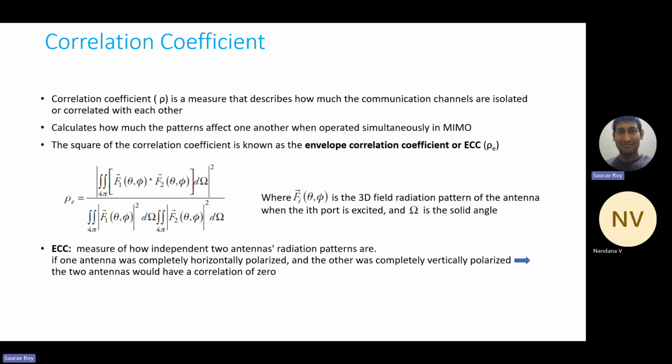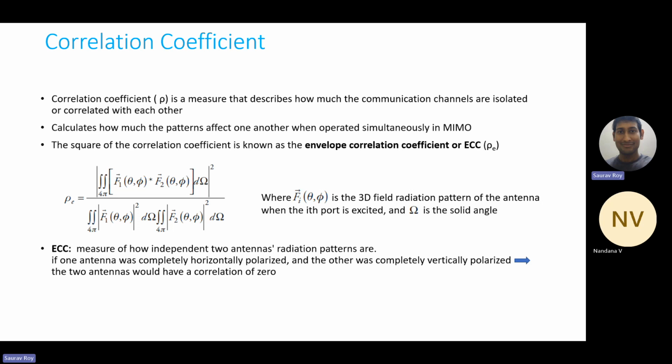So the same correlation formula is used here. But the problem is that until you calculate the 3D radiation pattern, you cannot get the correlation coefficient, and getting the 3D correlation coefficient is not so easy. You cannot calculate it directly. You should either measure it or simulate it, right? There is no equation to calculate it as such for complex antennas. Generally people use simulation or measurement.